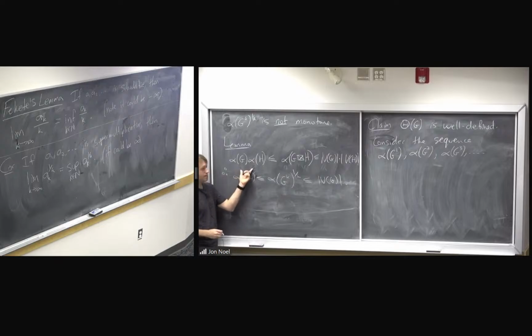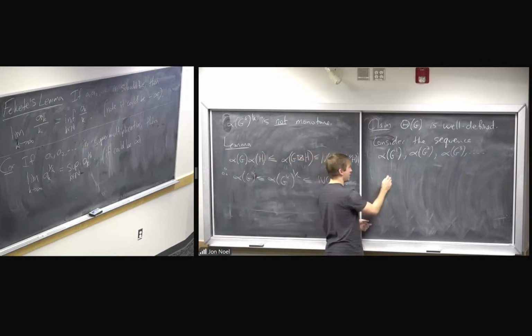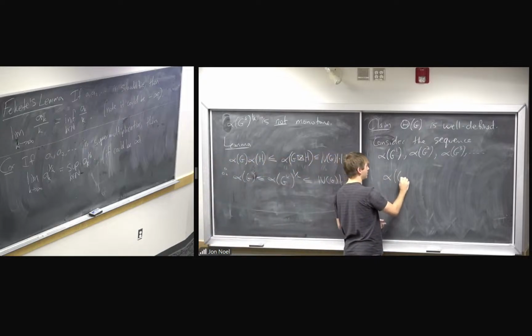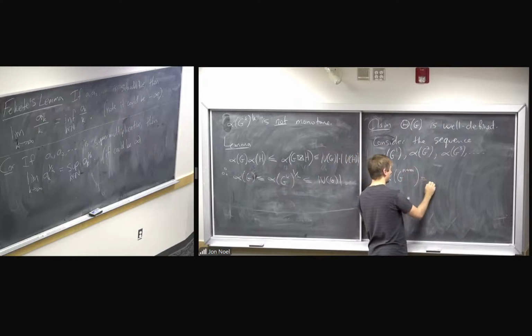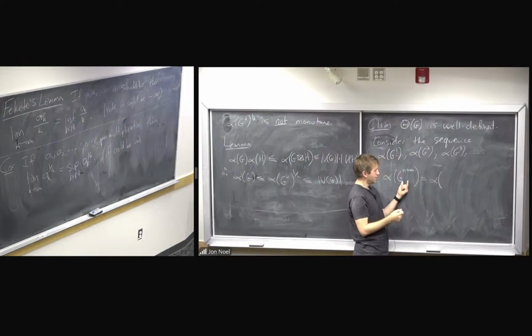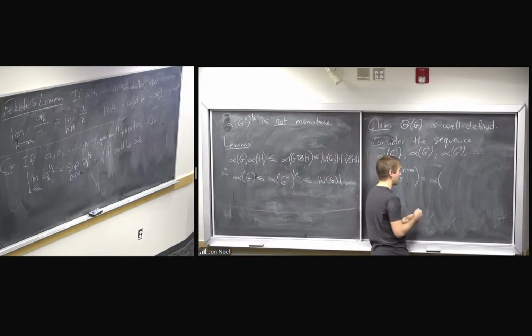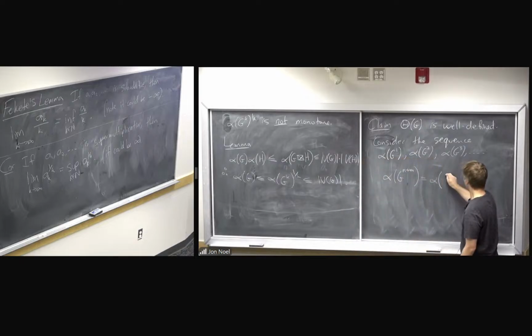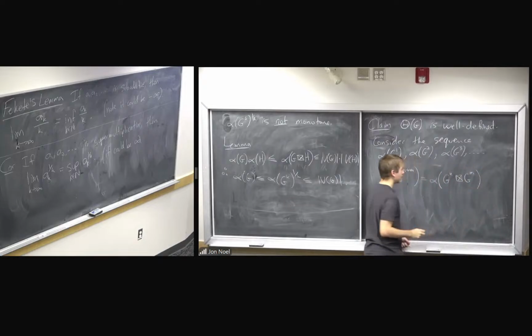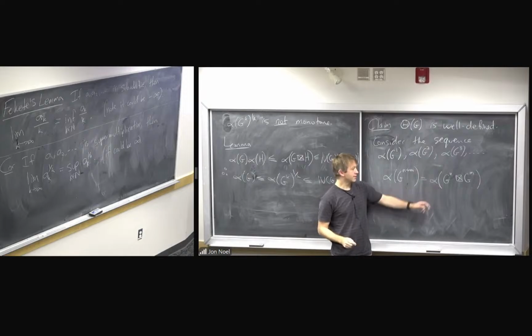By this lemma, I know that alpha of G to the n plus m, and this product is associative and has various nice properties, so I can write this graph like this.